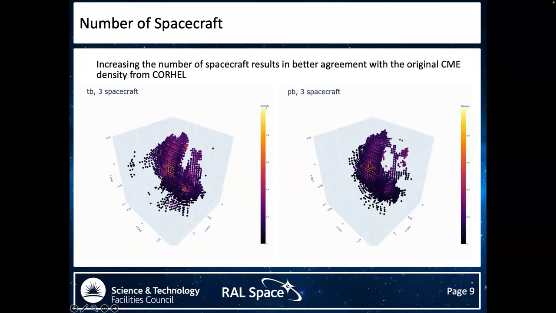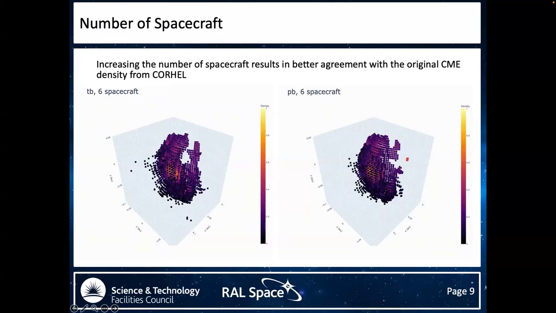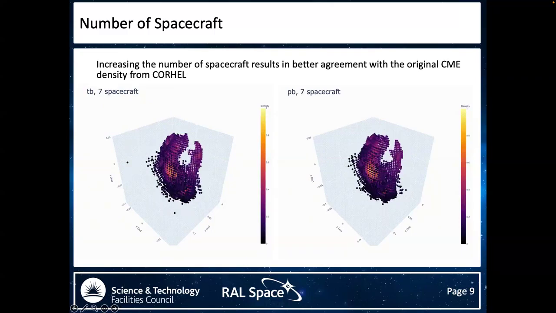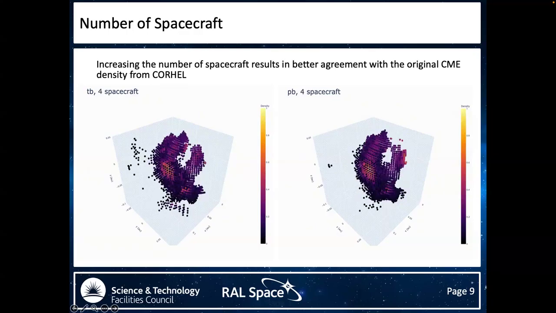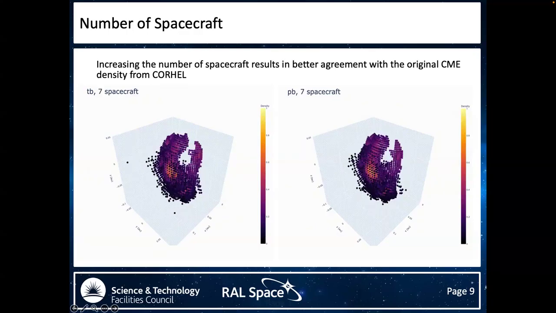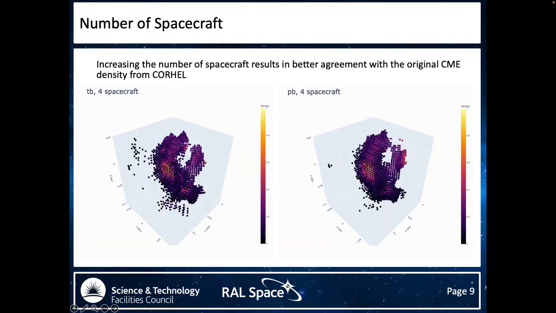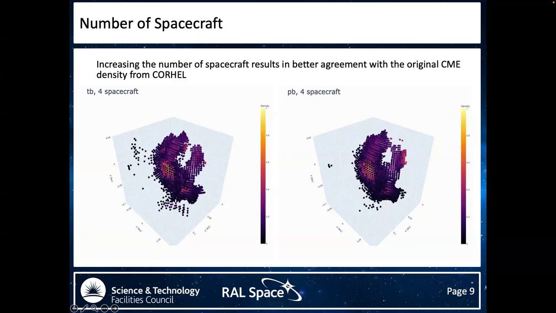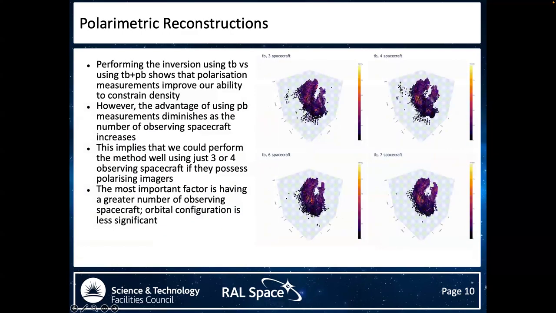As the GIF steps through, you can see the number of spacecraft changes. What's important about this is it shows you how you get a better result using polarized brightness. But as the number of spacecraft increases, that advantage you get from polarized brightness becomes less significant, which is interesting.